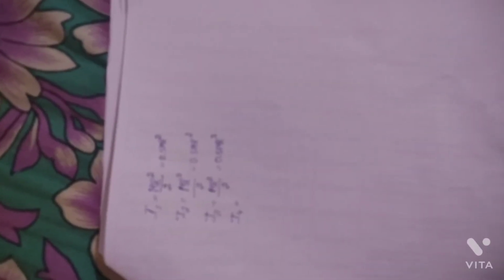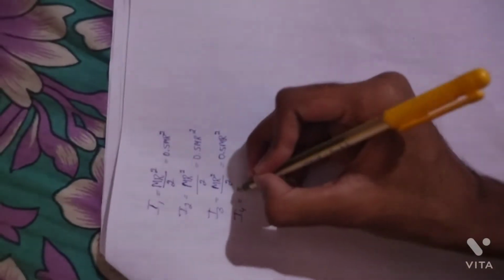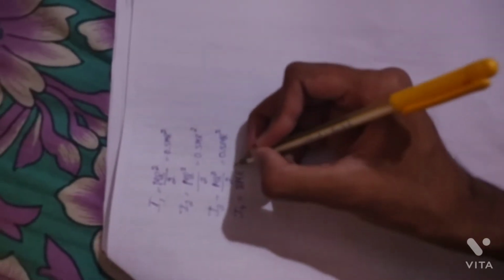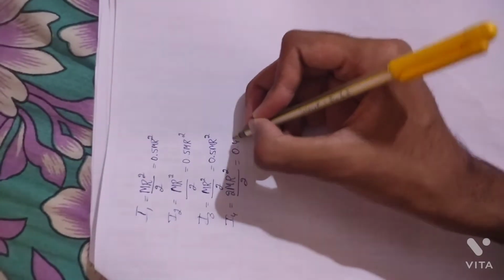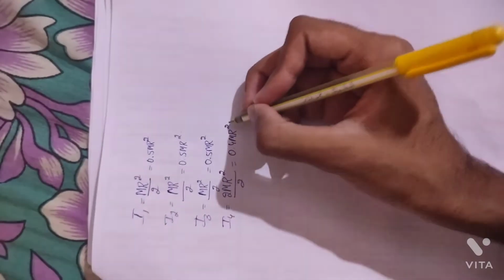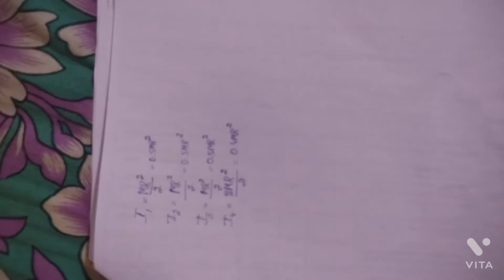In the final option they have asked I4, the moment of inertia of a solid sphere about its diameter. Here the formula is 2MR squared by 5, that will be equal to 0.4 MR squared for I4.